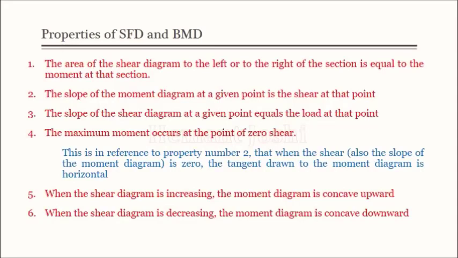That wrap up I am taking here, properties of SFD and BMD, that already we have discussed: area of shear force diagram either left or right of the section is nothing but bending moment, and slope of bending moment diagram gives me shear force at that point, and definitely slope of shear force diagram giving me loading at that point. That means we are going from bottom to top by derivatives, and as I said, when you come from loading diagram to bending moment diagram, you are going by integration way.